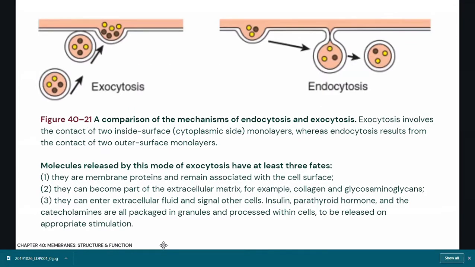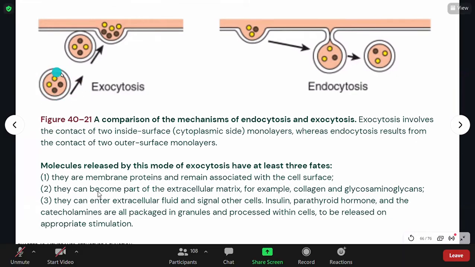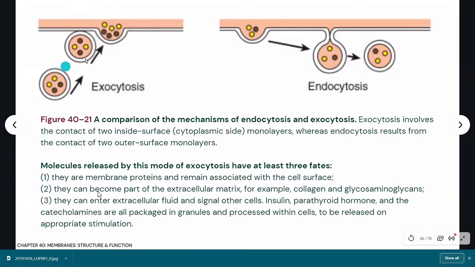Here is a comparison between exocytosis and endocytosis. These are the molecules that have to be extruded out of the cell, and then it has a membrane very similar to that, so that it will join.